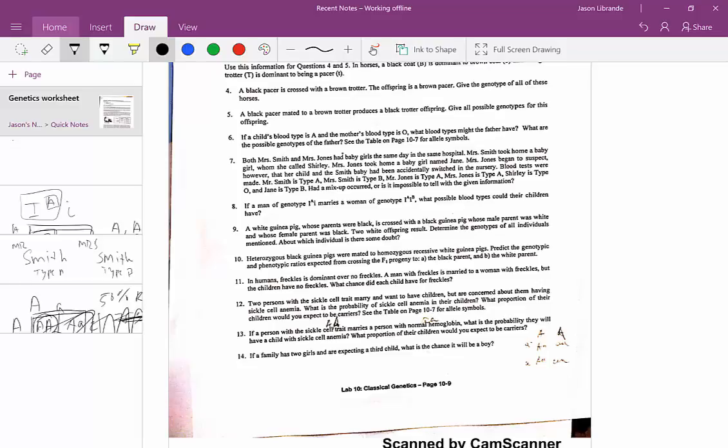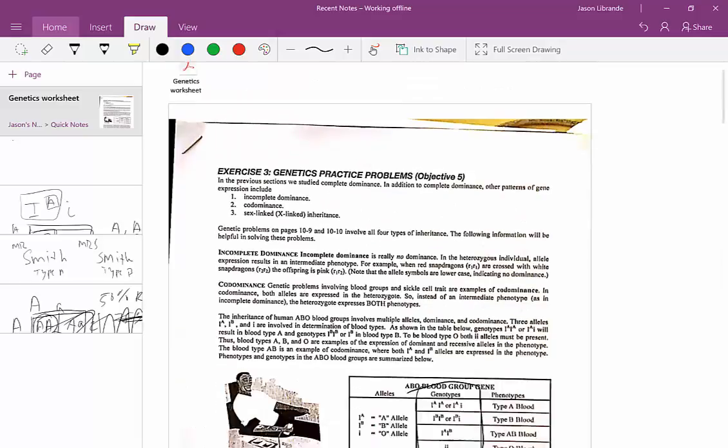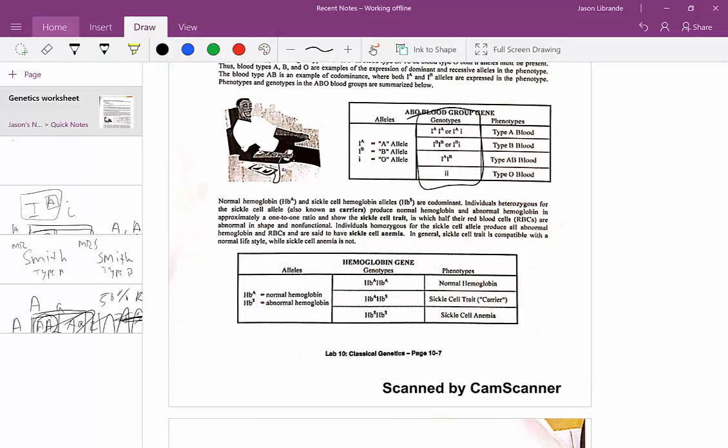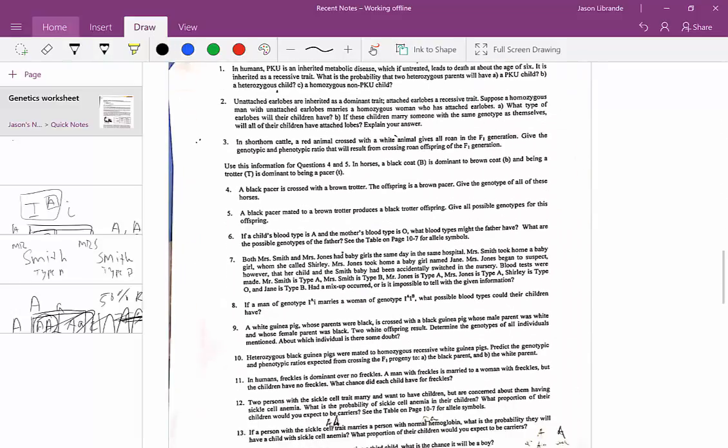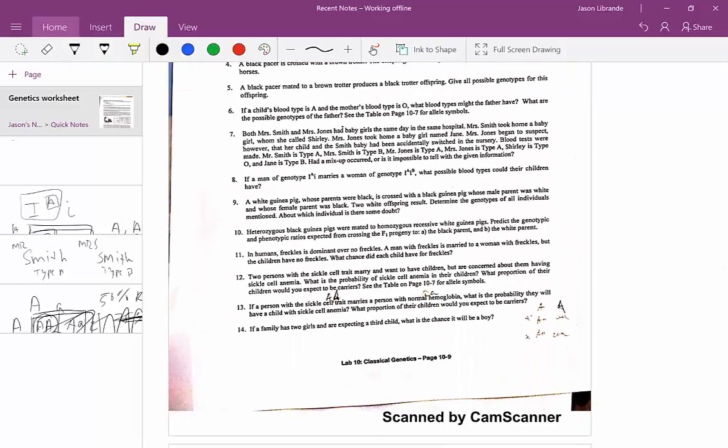Okay, so 2 persons with sickle cell trait are marrying and want to have children, but they're concerned about them having sickle cell anemia. So this relates to some information that was provided earlier in this packet talking about sickle cell anemia. So it looks like both parents have the sickle cell trait, so they both have that genotype right there. Let's double check that, read the question again.